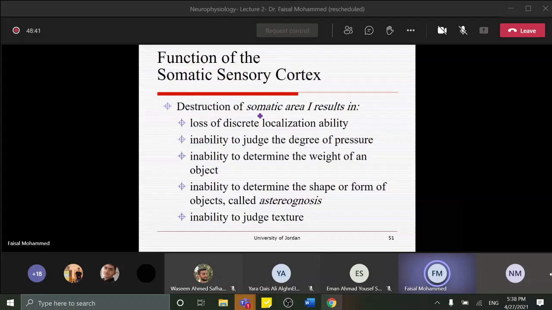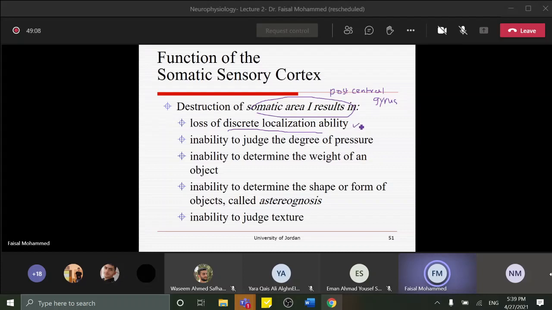If there is destruction of somatic area 1, which is the postcentral gyrus, what happens? There is, of course, loss of discrete localization.